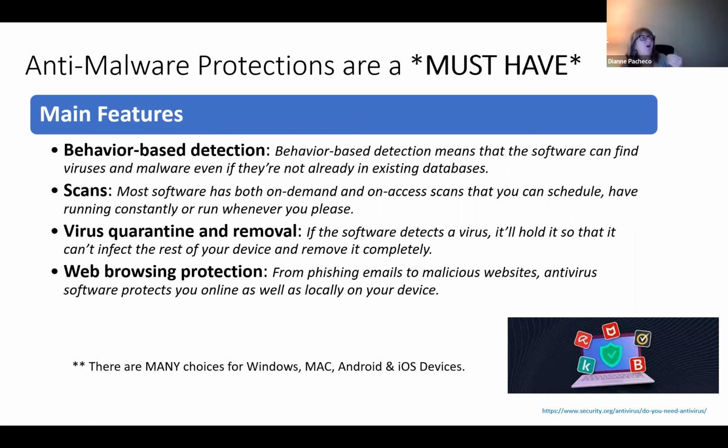So if you are on a website and there is some pop-up or some malware that tries to be downloaded onto your computer from web browsing, the anti-malware can detect that and stop that. So there are many, many choices for anti-malware for both Windows, Mac, your iOS devices and your Android devices.